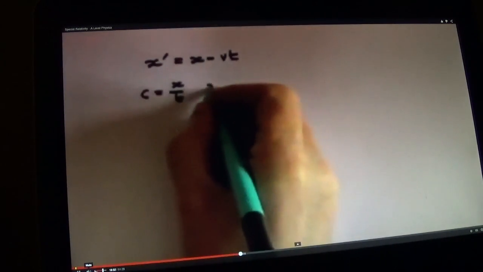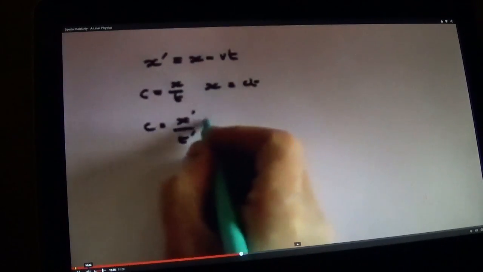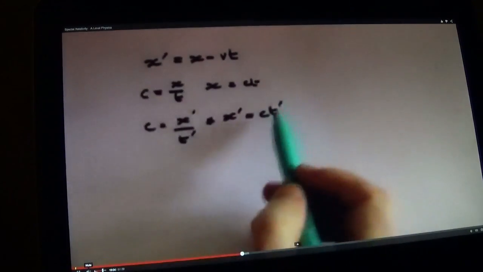That c is x over t, which means that x equals ct, and we established that c is x prime over t prime, which means that x prime is ct prime. So let's feed these into this formula here.